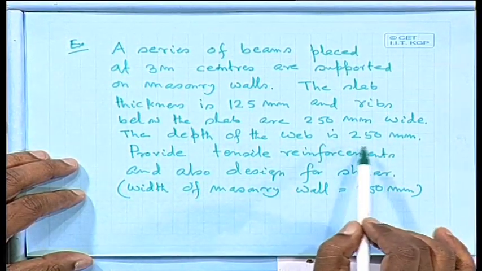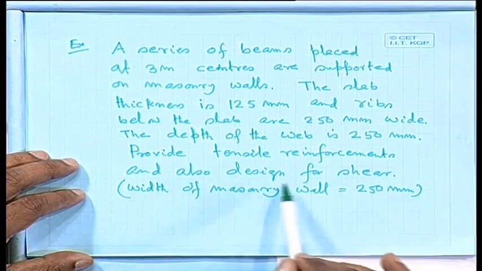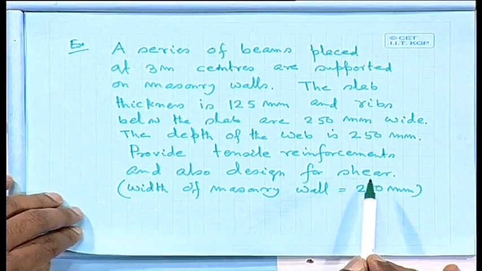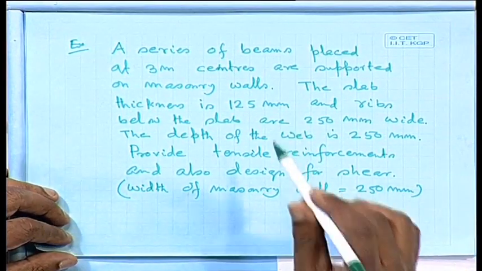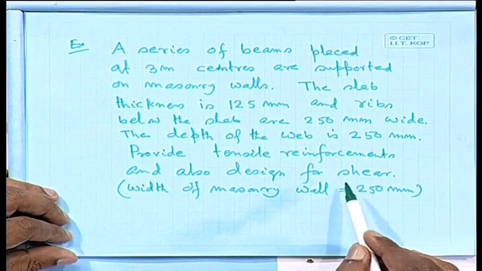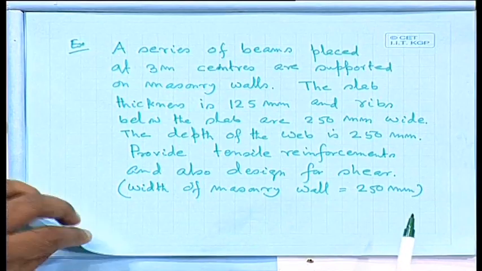The depth of the web is 250 millimeter. Provide tensile reinforcement and also design for shear, because we do not want to do it separately; we want to do the same problem for flexure as well as shear. And width of the masonry wall is 250 millimeter, that we have done.